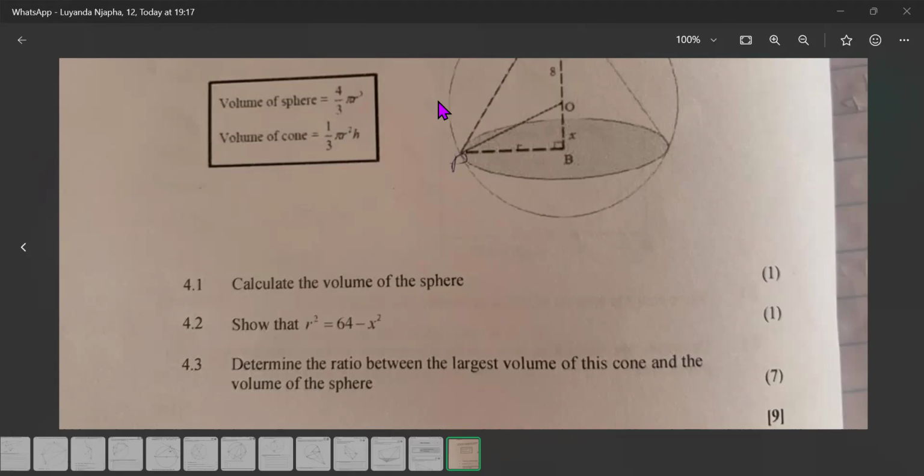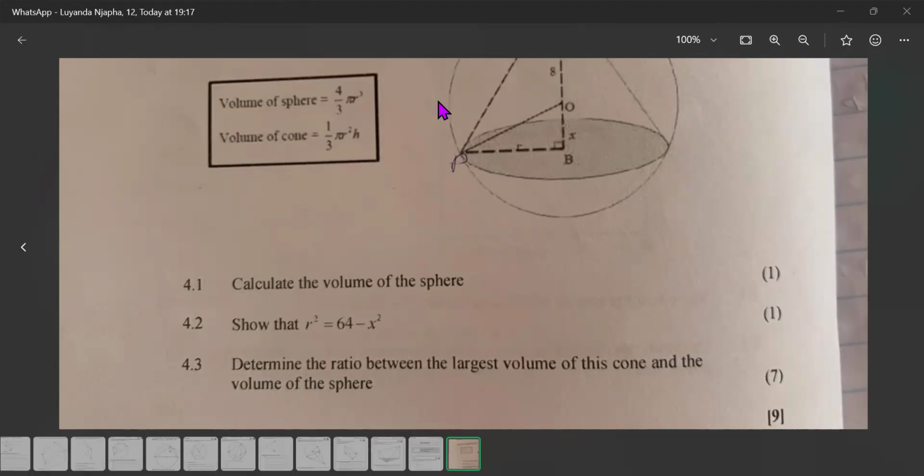But the question is looking for the ratio between the largest volume of this cone and the volume of the sphere. And we are good mathematicians. We know what's the meaning of the word ratio. It means if you take the volume of the cone and you divide it by the volume of the sphere, that's the meaning of the word ratio. Two things divided by each other.